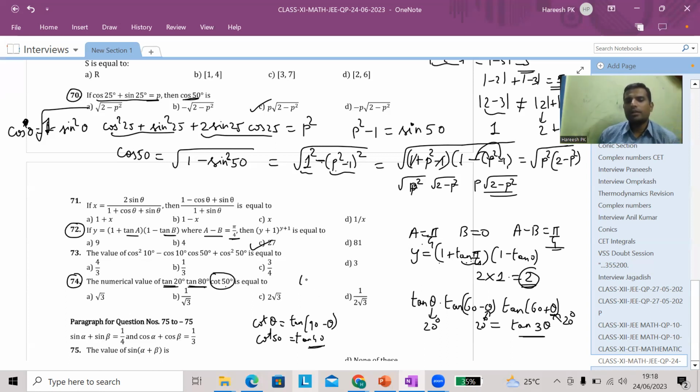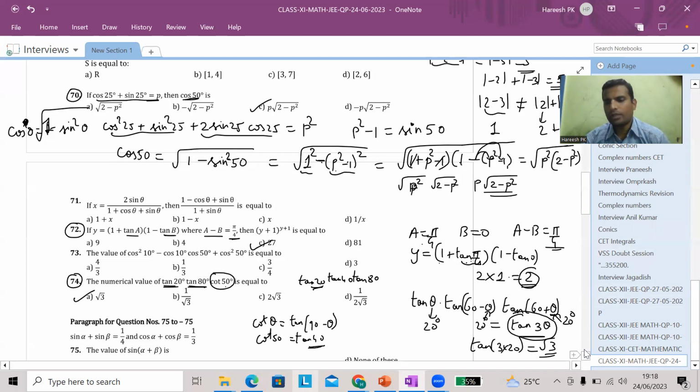So the question will reduce to tan 20, tan 40, tan 80. So whenever you get like this, the answer is what? Tan of 3 times theta. And theta is 20. So tan of 3 into 20, and tan 60. Tan 60 is root 3.